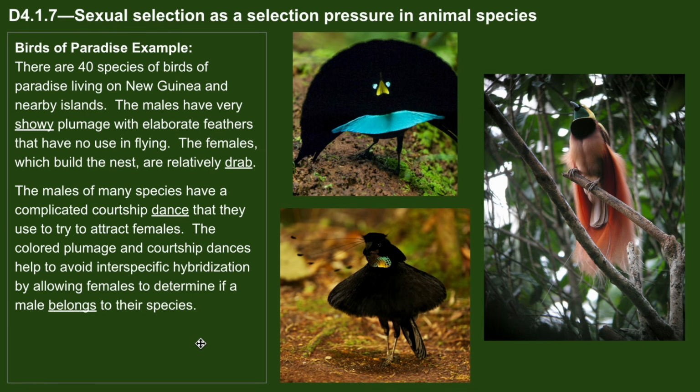If you can make offspring, but the offspring are not passing on your genes further, that is not a good choice from a biological perspective to have a high fitness. And so by having specific courtship dances, the females can recognize that that individual is definitely of the same species and therefore would have the highest chance of producing fertile offspring.